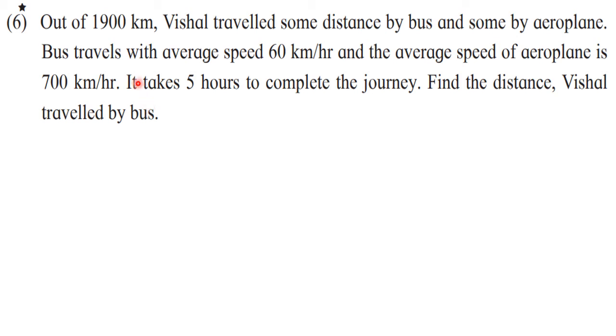Now see here, we can see words like distance, then the word speed is there, and here 5 hours means time is given. So clearly this question is based on that formula. You can write down the formula in various ways, like distance is equal to speed into time, or time is equal to distance divided by speed.